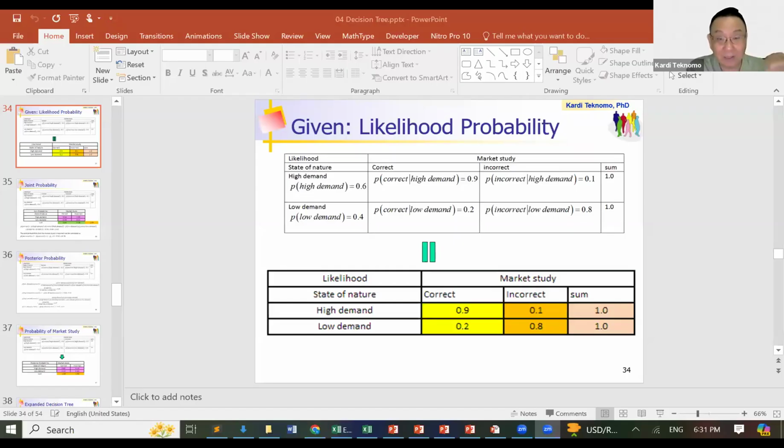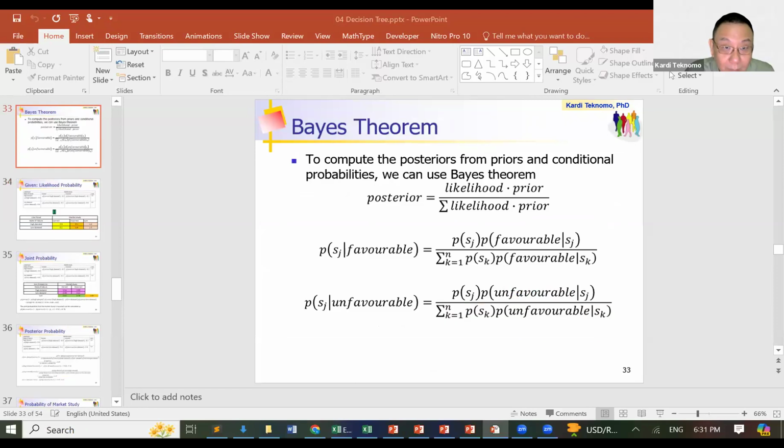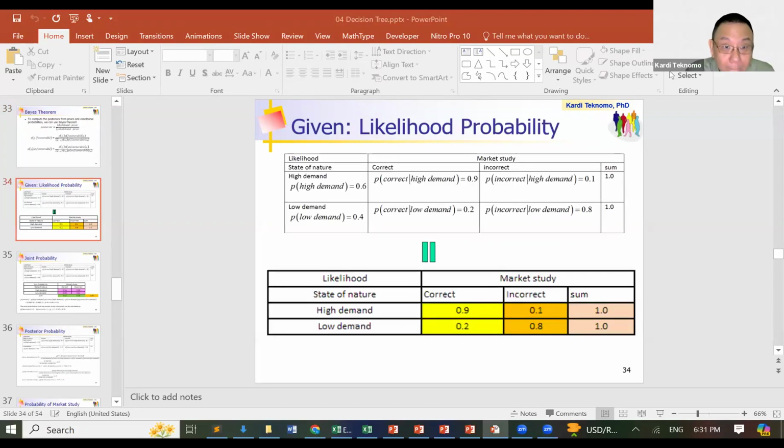So this is what you see in my slide. This is the one that you know, the one in yellow.